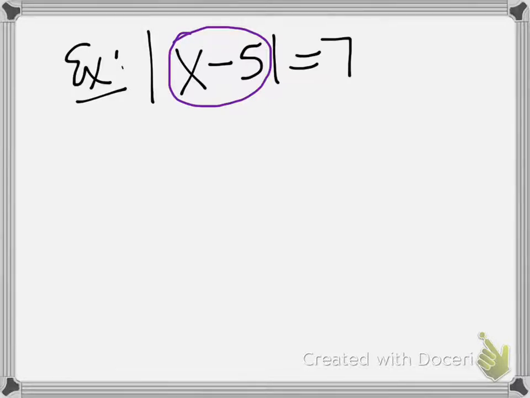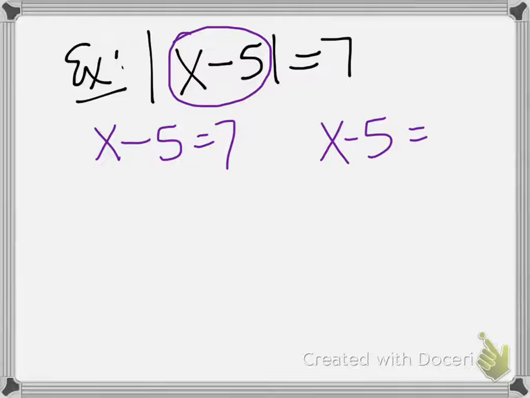So x minus 5 could be +7, or x minus 5 could be -7, because that distance could be to the right or to the left. So we set up both equations, and we're going to solve both equations, and so we're going to have two solutions.